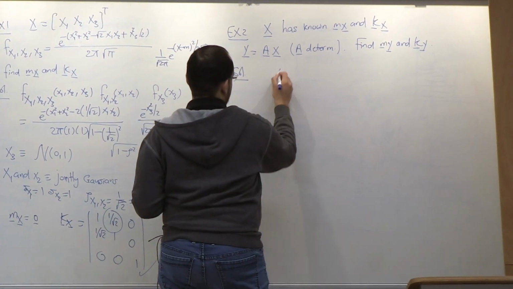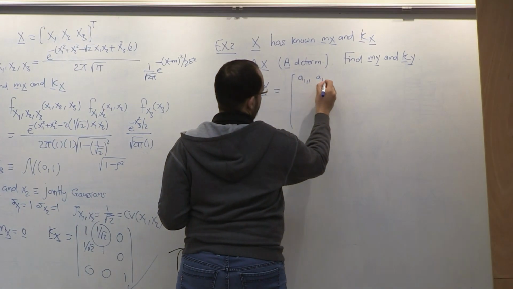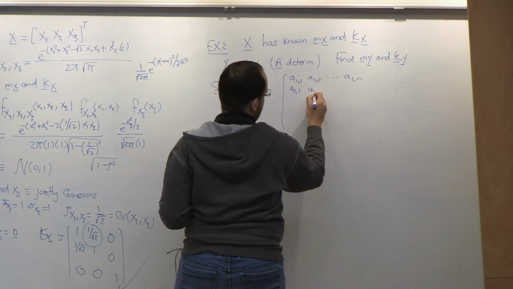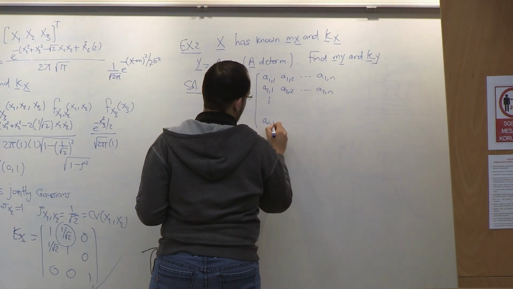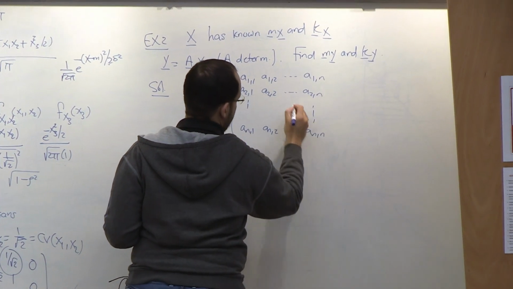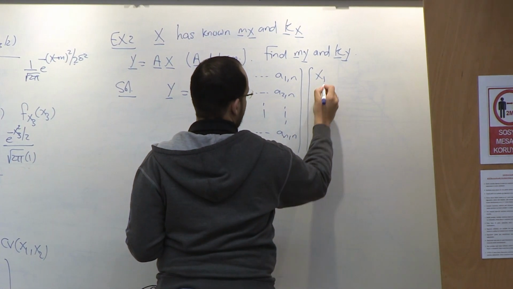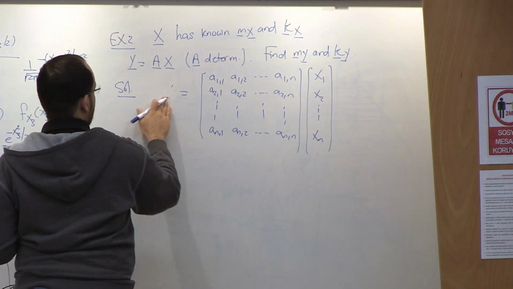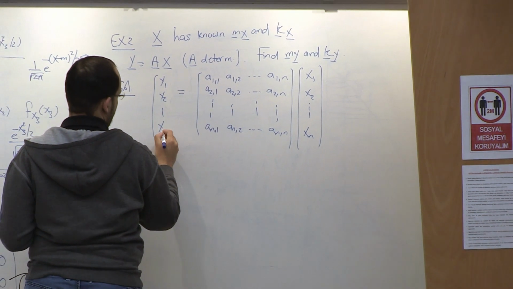Let's write this matrix A. So we have y being a11, a12, a1n, a21, a22, a2n, an1, an2, ann, multiplied by x1, x2, up to xn. Let's try to write that also of the same form, y1, y2, yn.